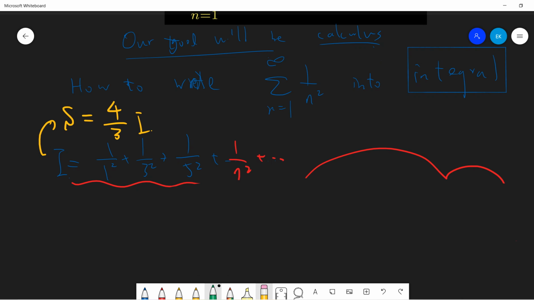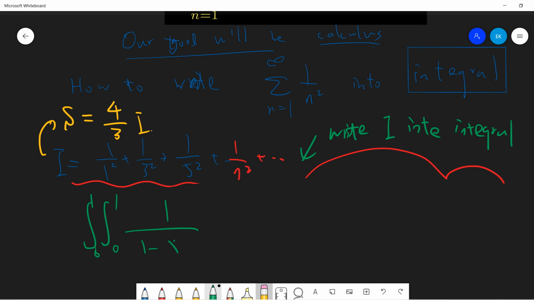The next thing is to write I as an integral. It's not easy to see, but consider the integration from 0 to 1.